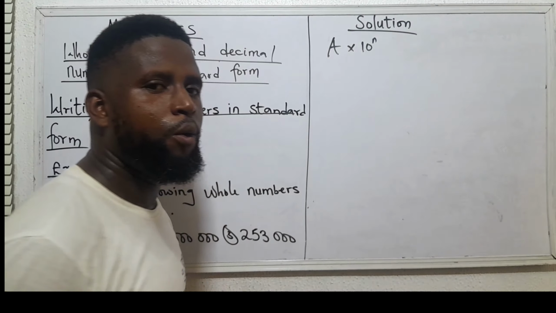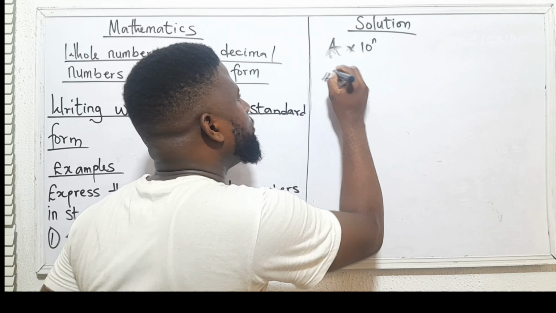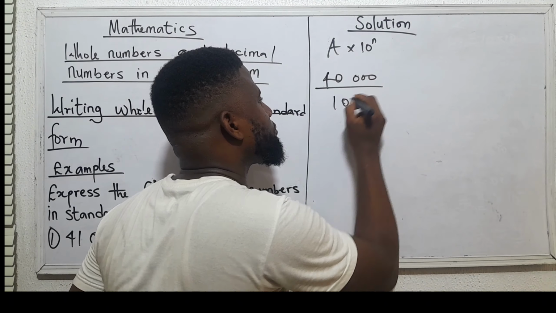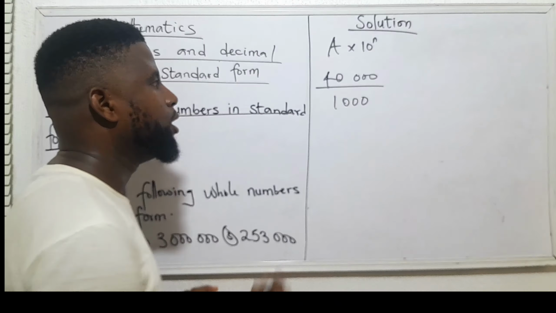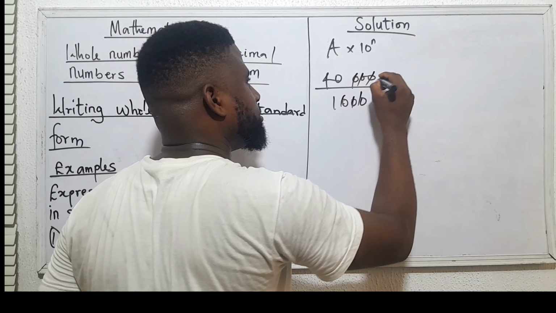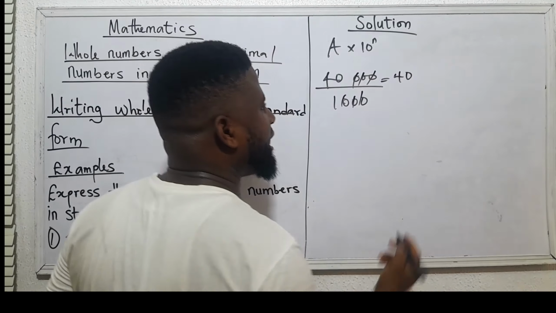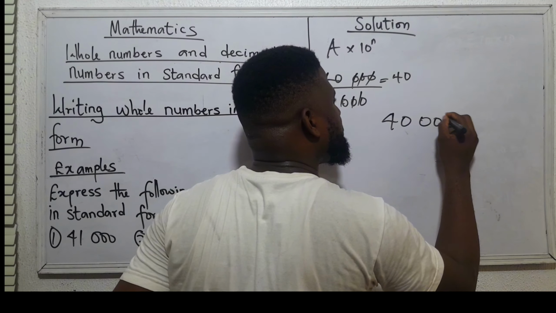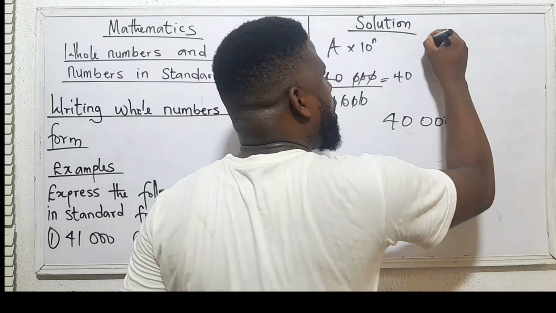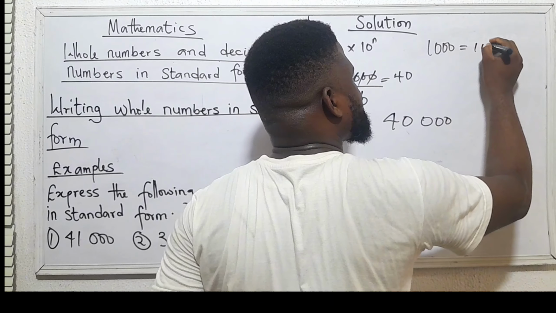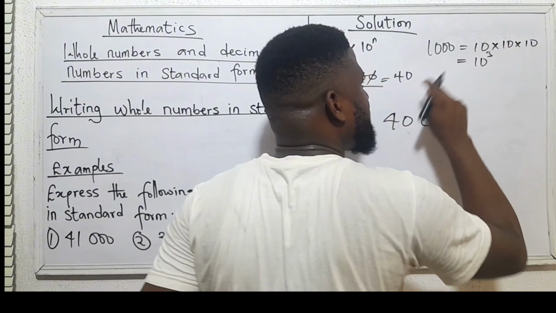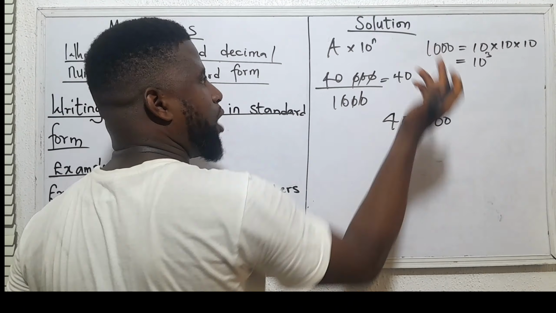Now, what if I have 40,000 divided by 1,000, for example? This will give me 40. I can as well divide this by shifting the place of the decimal point. How many times? 1,000 is the same as 10 times 10 times 10, which is 10 raised to power 3, the number of zeros after 1.